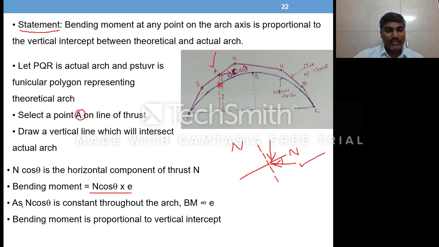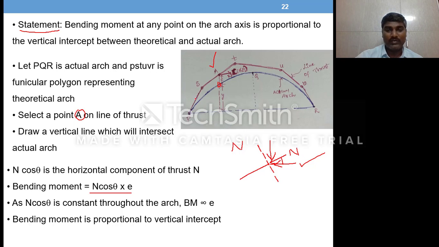Now, next statement: N cos theta is constant throughout the arch. Why is N cos theta constant? Because the vertical reaction is going to change, as you have gravity loads acting on this arch. If you take a section here, you write the sum of all vertical forces to the left or to the right.